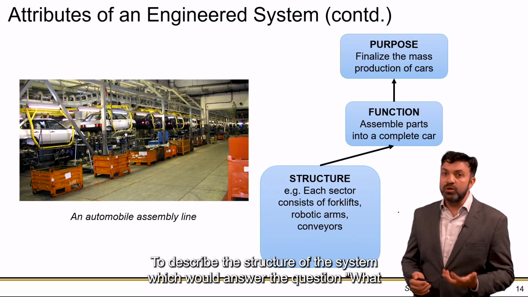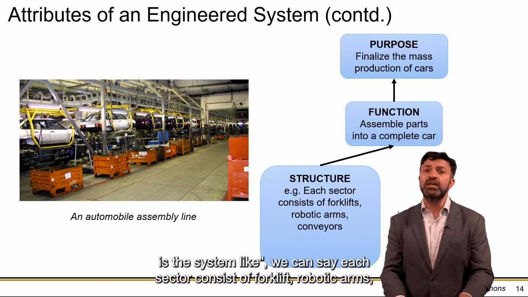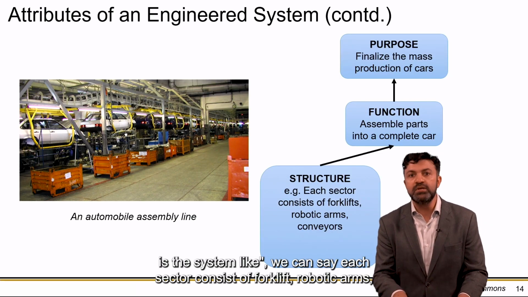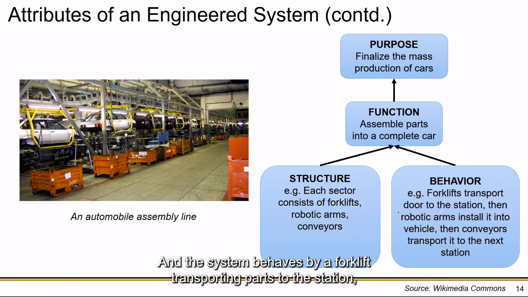To describe the structure of this system, which should answer the question, what is the system like, we can say each sector consists of forklifts, robotic arms, and conveyors. The system behaves by forklifts transporting parts to the station, robotic arms installing them into a vehicle, and the conveyor supports transporting the assembly into the next station.